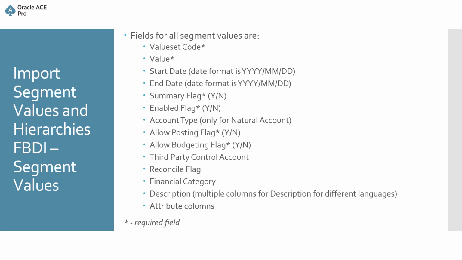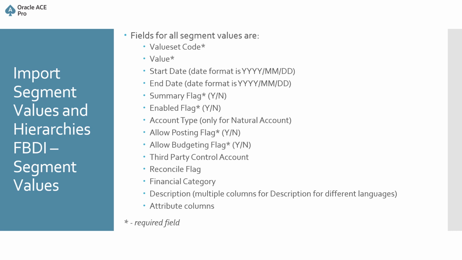Whether it is a summary flag, so yes or no, and these ones you want to be cautious of. If it is a parent, essentially, then typically you will not post to a parent. Typically, you don't budget to a parent. I have seen people budget to a parent, but typically you don't. So this is typically yes, no, no, or no, yes, yes. You have an enabled flag.